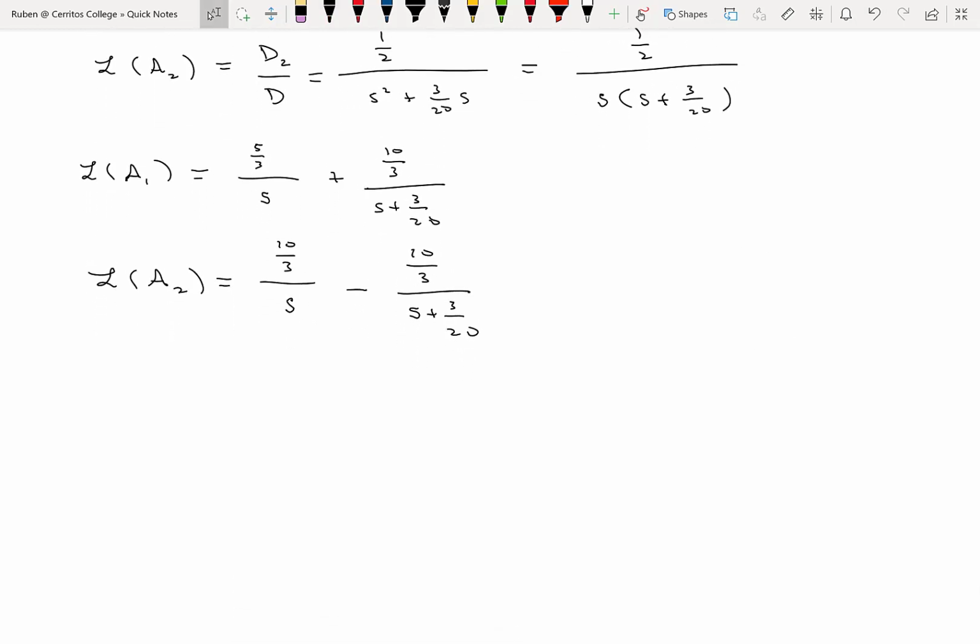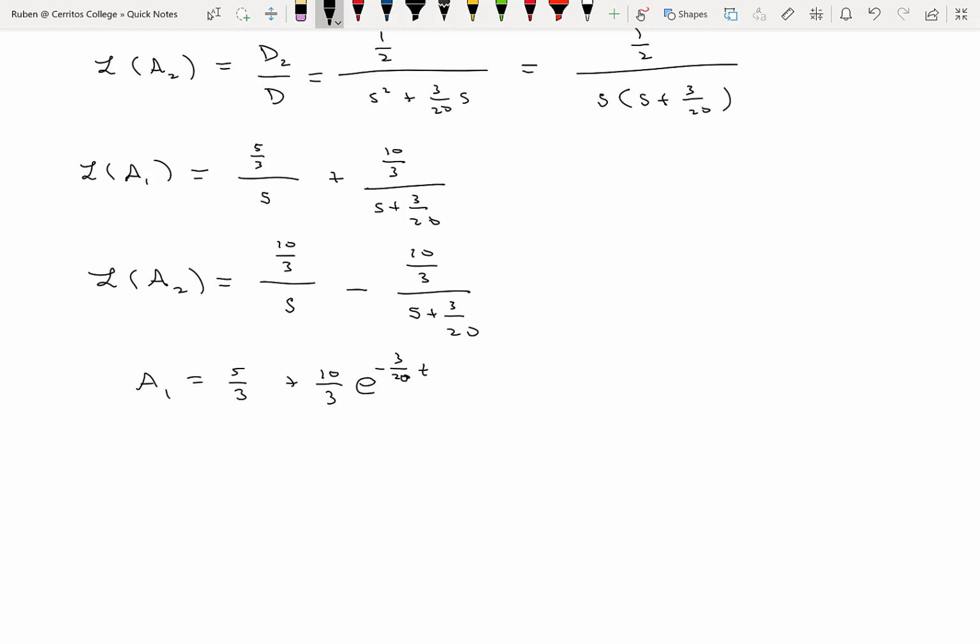So now let's take inverse Laplace transforms. This is the simple part. Finally, something simple. So A1 is equal to 5/3 times the inverse Laplace transform of 1 over s, which is 1, so it's just 5/3, plus 10/3 times the inverse Laplace transform of 1 over s plus 3/20, which is e to the minus 3/20 t.